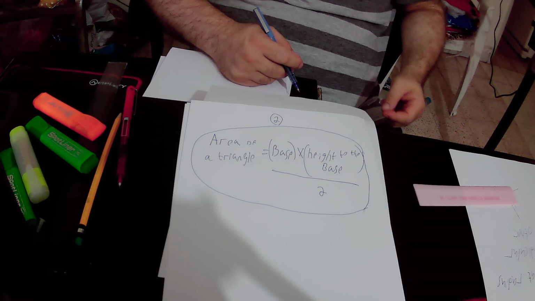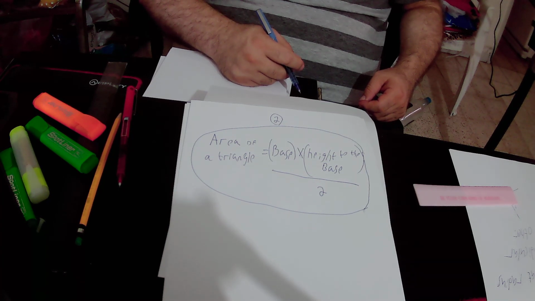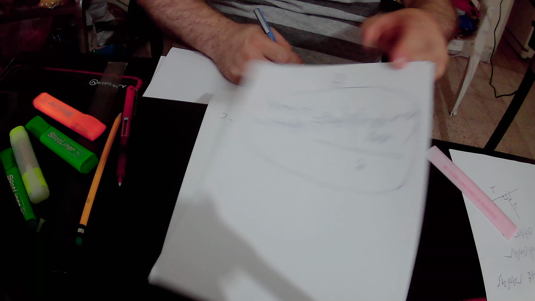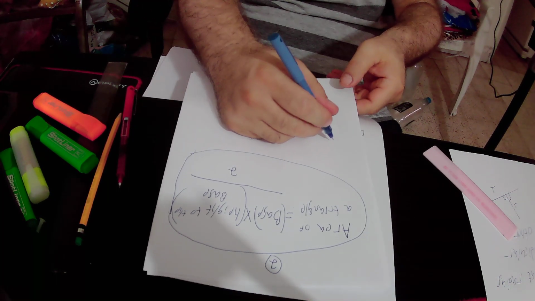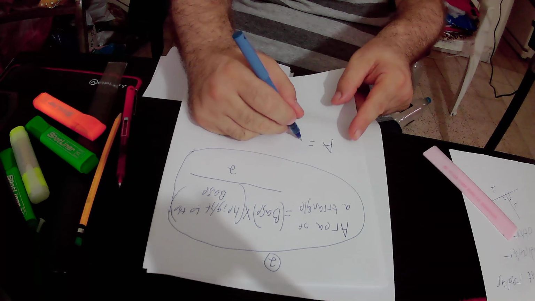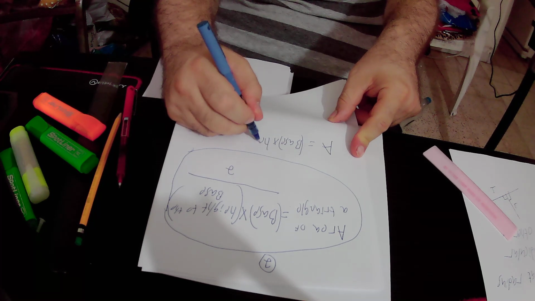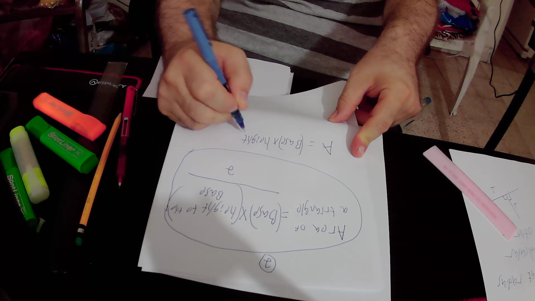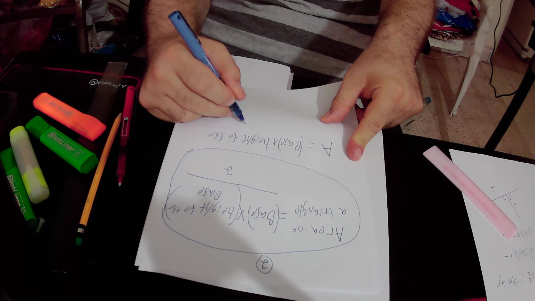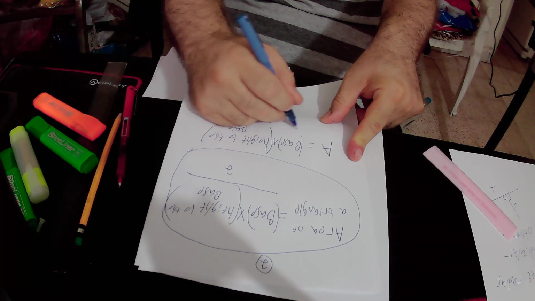Or instead of writing the area of a triangle, we can use the capital letter A, the abbreviation for area, and write that A, the area of a triangle, equals the base of the triangle times the height to the base, divided by 2.